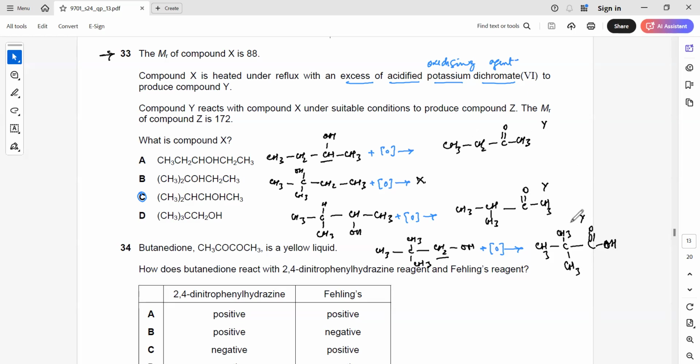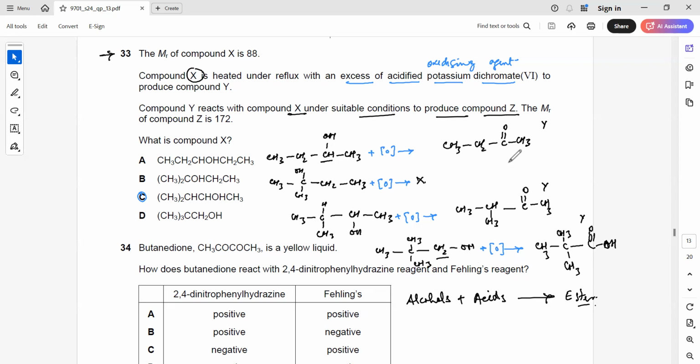Two of them are ketones, while the third one is a carboxylic acid. They are saying compound Y reacts with X under suitable conditions to produce compound Z. As we know, our X is an alcohol from these examples, and alcohols react with acids under suitable conditions and give us an ester.